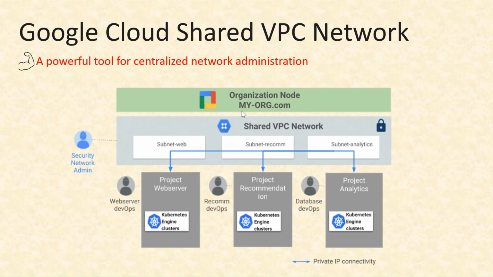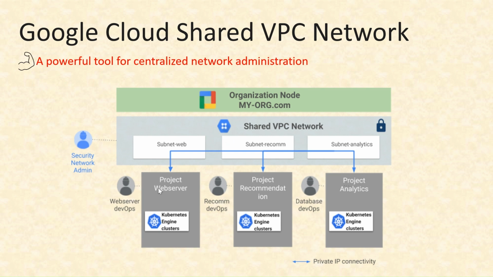In this design you can see that you have an organization and a shared network. It is again a VPC, but it is shared. This shared VPC network is hosted in a host project. Wherever you deploy this shared VPC, that project will be called a host project.